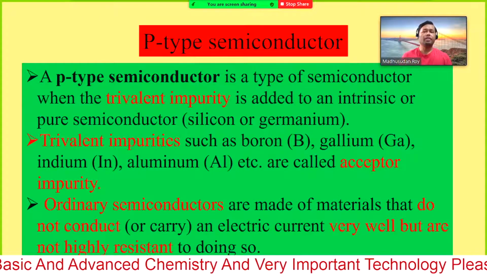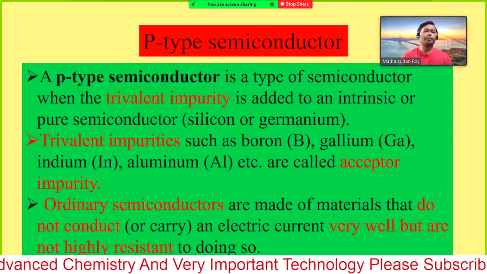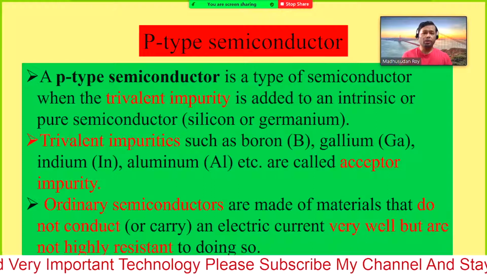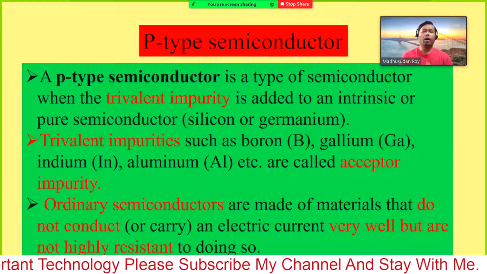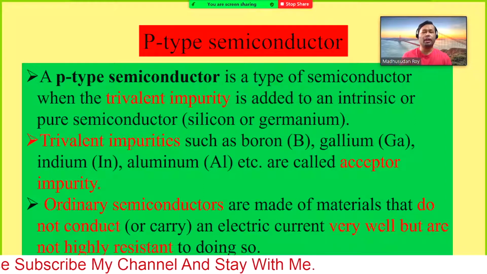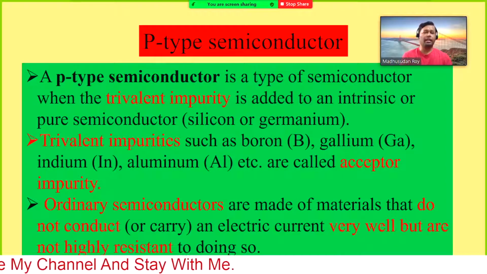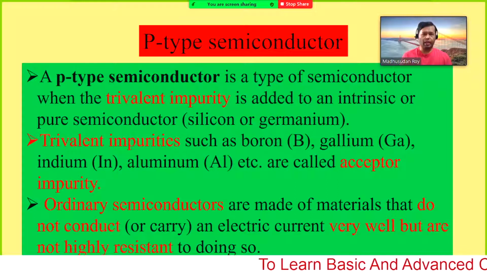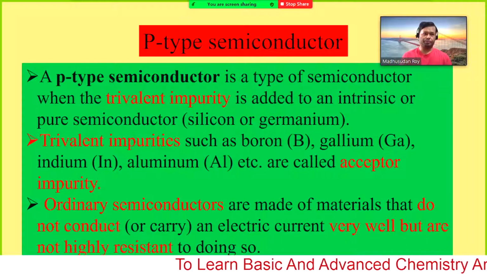But in case of electron acceptor, it needs to have 3 electrons in the outermost shell. So if we add an impure atom having 3 electrons in the outermost shell, a 3 valent impurity, in the pure semiconductor, then it is called a p-type semiconductor.